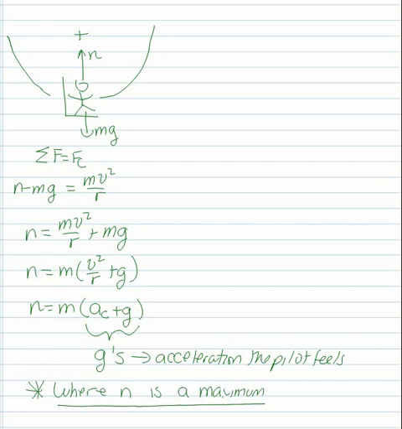So it could be N in this case, or if it was like a rope swinging a bucket of water in a vertical loop, at the bottom of the loop is where you would want to make sure the rope wasn't going to break. That is where the tension in the rope would be a maximum, which is equivalent to N in this problem. So anytime in a vertical problem, if you are looking for something that deals with maximum force or will the rope break, you are analyzing the bottom of the loop.